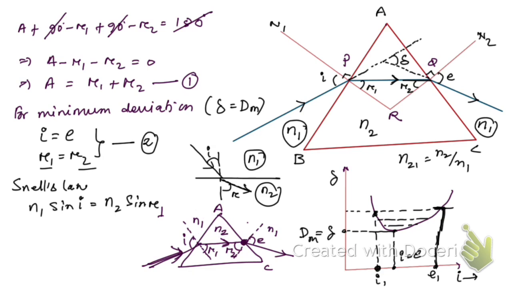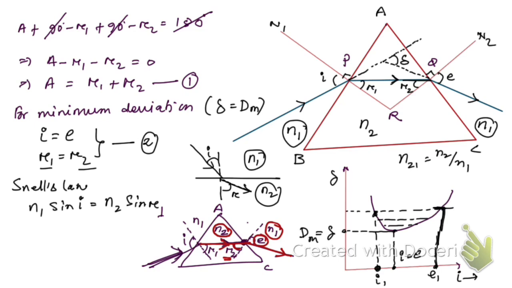Now we are considering the case of light traveling in this prism from the medium of refractive index n2 to the medium of refractive index n1, and the angle of incidence in this case is r2, and the angle of refraction is the angle of emergence E.